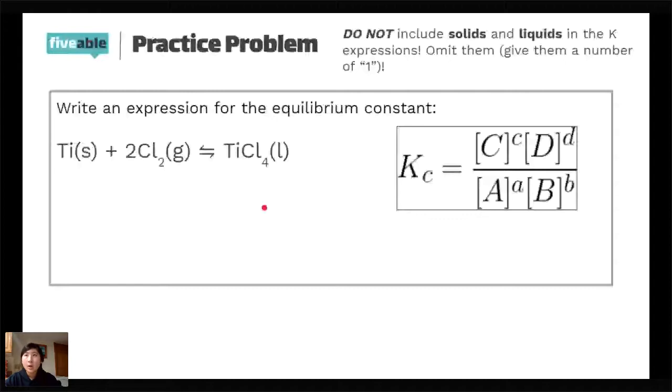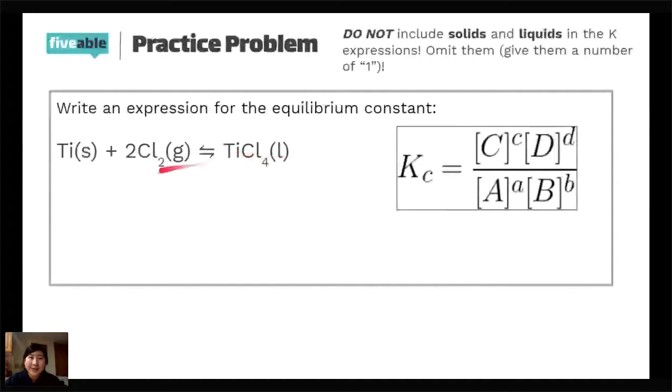They do not count, and that is because they don't react on the same level as aqueous solutions. If you have a solid and an aqueous solution, they would react at different rates. It just messes it up. You also can't really measure these things in concentrations either.